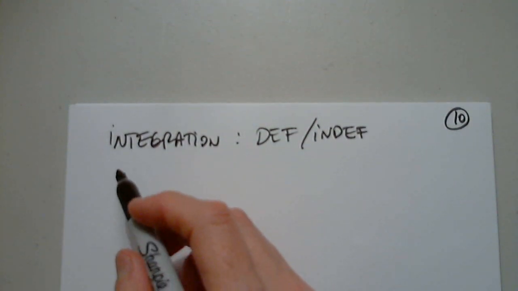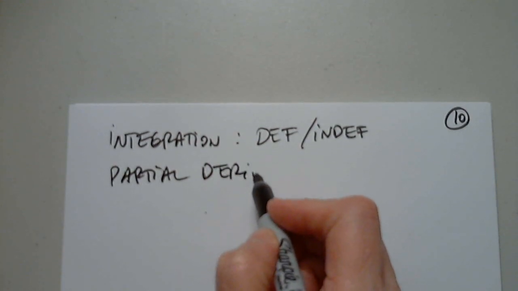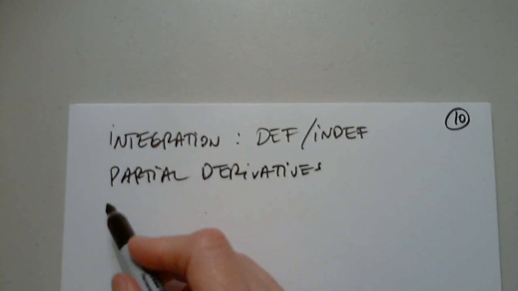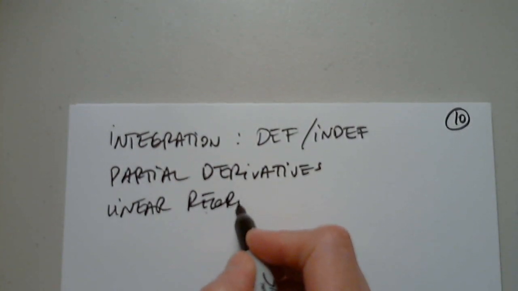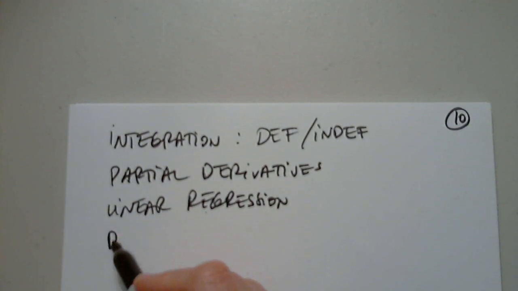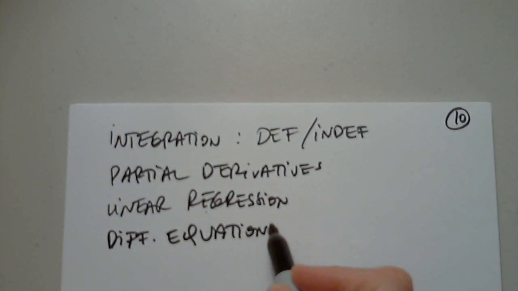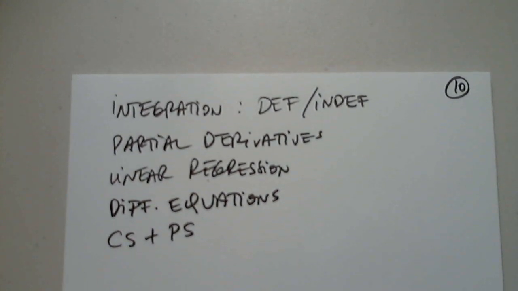Like partial derivatives. Like linear regression. Like differential equations. Like consumer surplus and producer surplus. Anyone needs any of these?